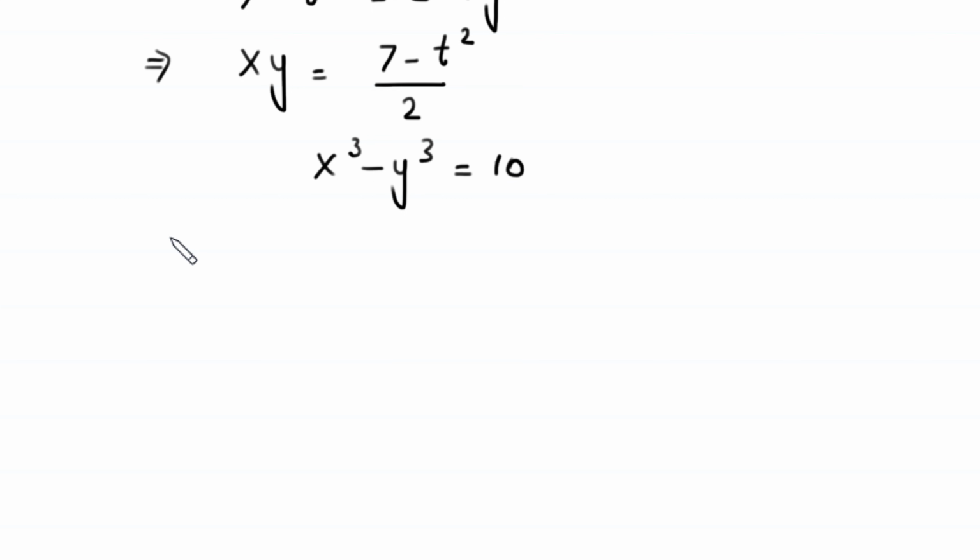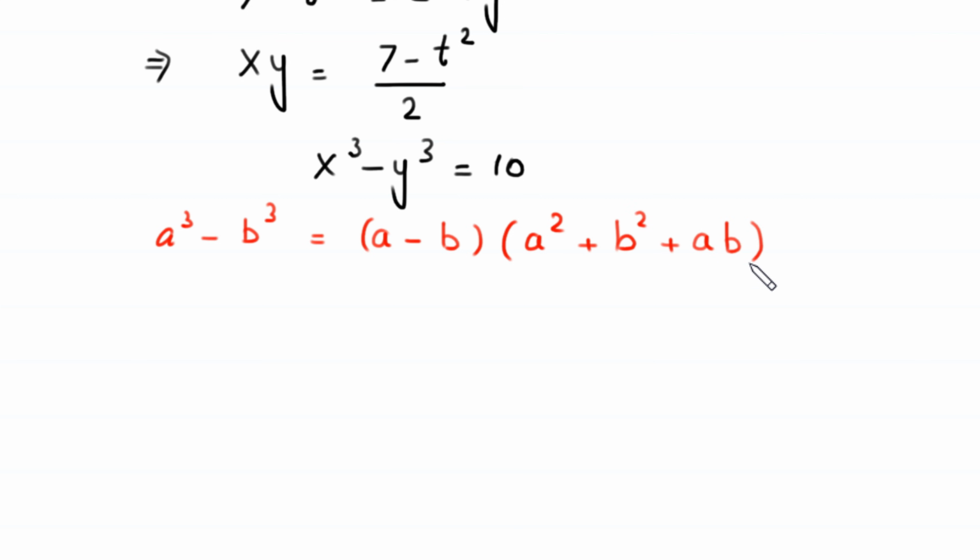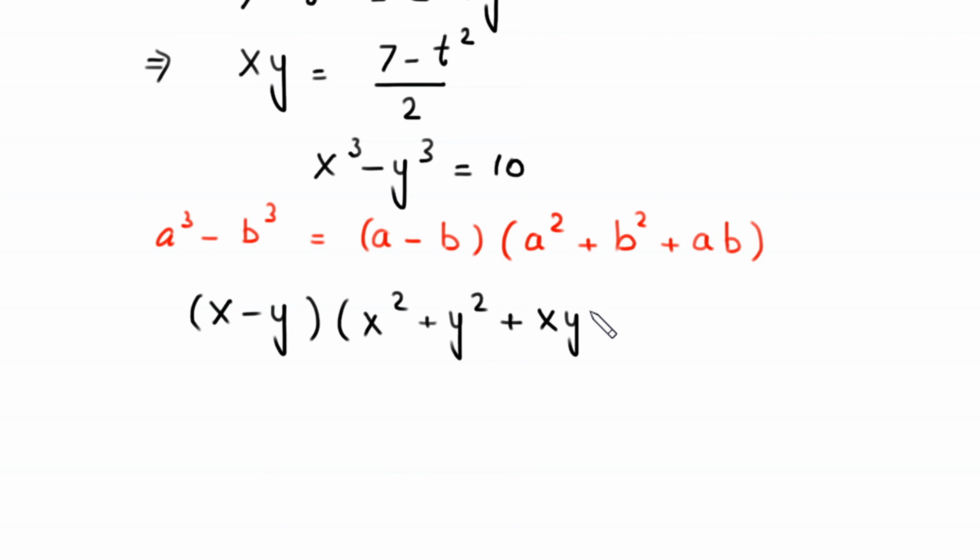By using this algebraic identity, a cubed minus b cubed is equal to (a minus b) times (a squared plus b squared plus a times b), this x cubed minus y cubed will become (x minus y) times (x squared plus y squared plus xy) is equal to 10.